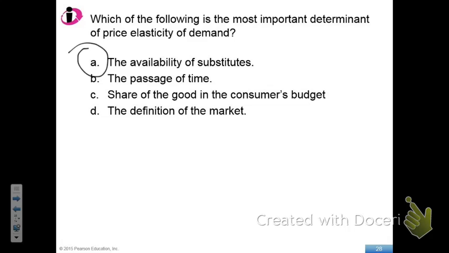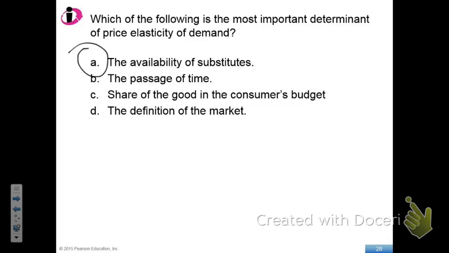Sorry? A and D? Well, all of them are connected, right? You can think that with the passage of time, the availability of substitutes really increases. The share of the good in the consumer's budget, you are talking about goods that are really cheap, right? Cheap goods could actually have good substitutes, by the way.